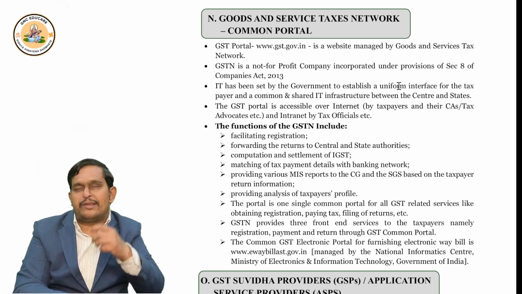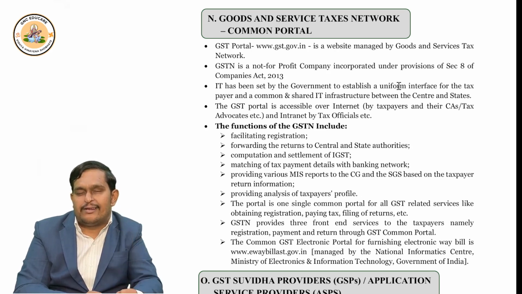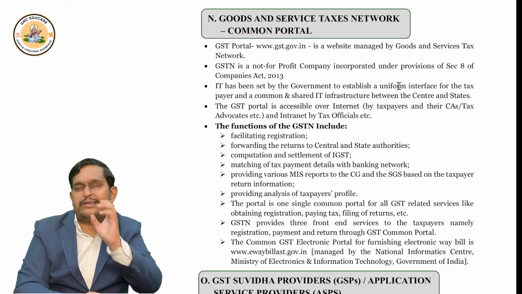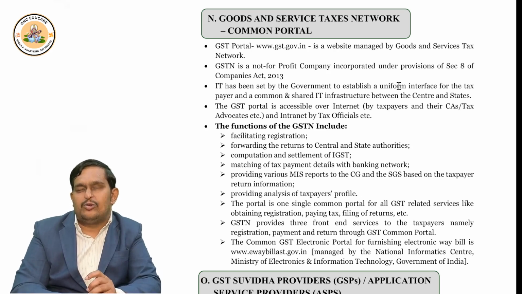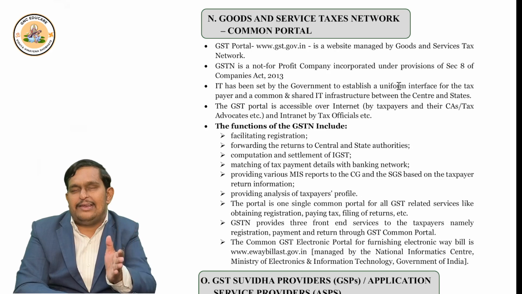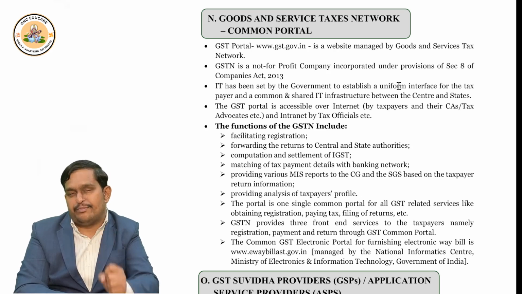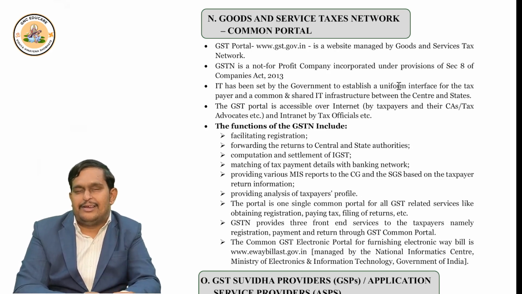Some taxpayers may be represented by cost and management accountants, some may be represented by CA, some may be represented by lawyers. So all those people also can make an account on it and do their GST work. So it is basically an internet based platform, right? Without internet, it will not work.